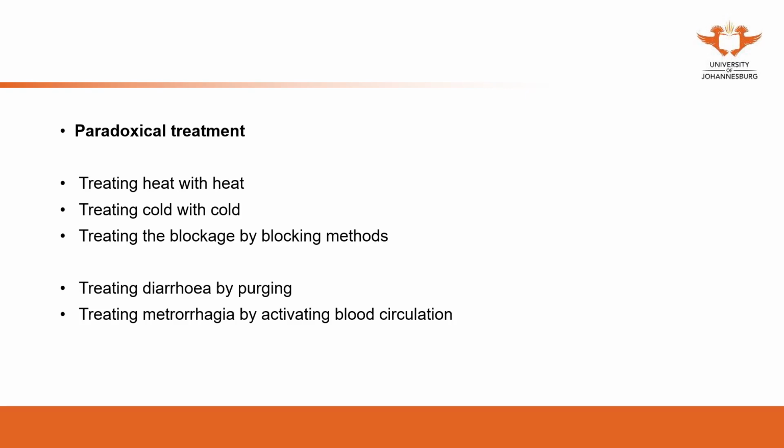Here we say we treat the heat pattern with the heat. This is the heat herbs or the acupuncture methods or moxibustion. How can we treat the heat? If there's too much fire in the body, you use the fire to treat the fire. That obviously doesn't work.